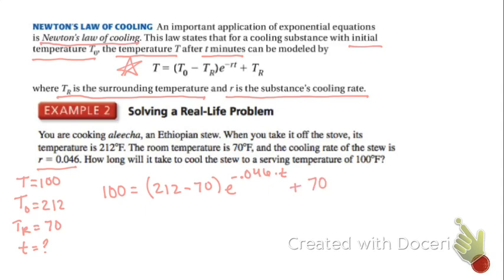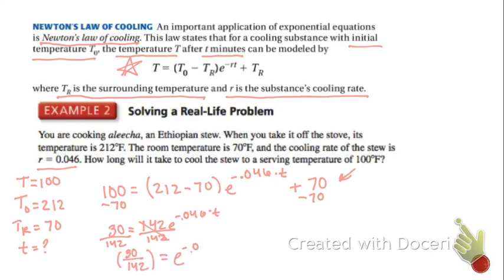Okay, so now I'm trying to solve for t. So my first step is going to be to get rid of this 70 here. So I need to subtract 70 on both sides. All right, now I'm going to divide by 142 because I want to get e alone on one side. And then when I get to here, I need to change form.